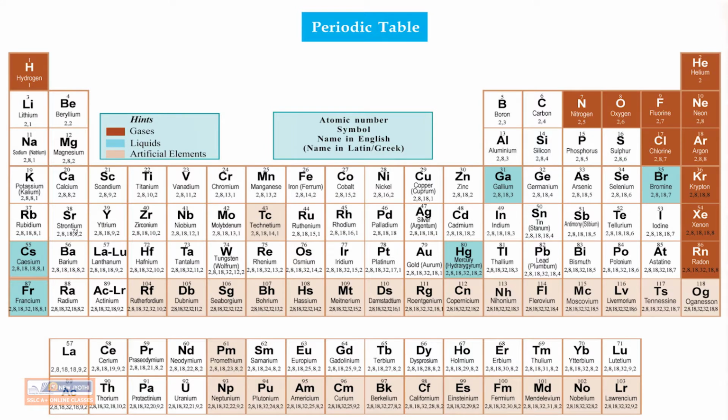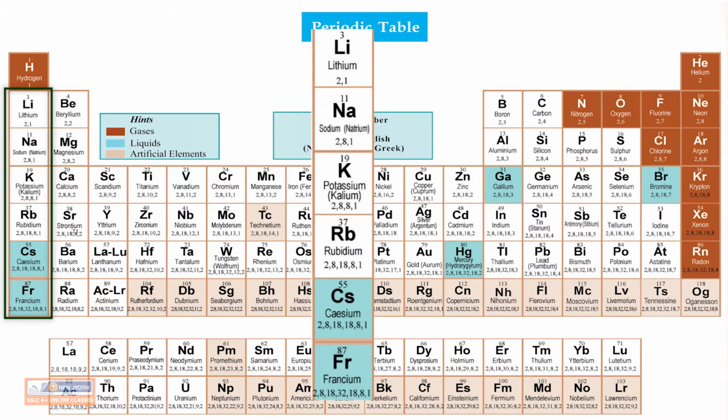Look at the other elements in the first group: lithium, sodium, potassium, rubidium, cesium, francium. All these elements have one valence electron. That is why they are in the first group. Not only that, they show the same properties. They act as very good metals.